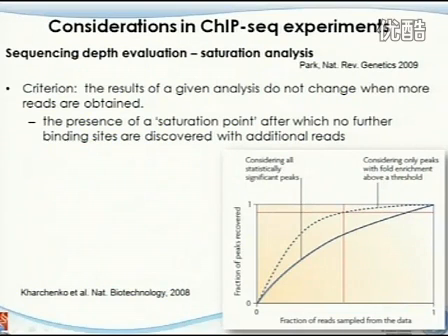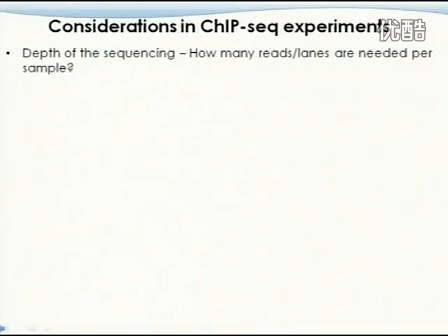Doing more doesn't really help anymore. There are more considerations on that, and we'll get into them later. So there is a saturation point after which no further binding sites are discovered with additional reads, so you don't want to go further than that.